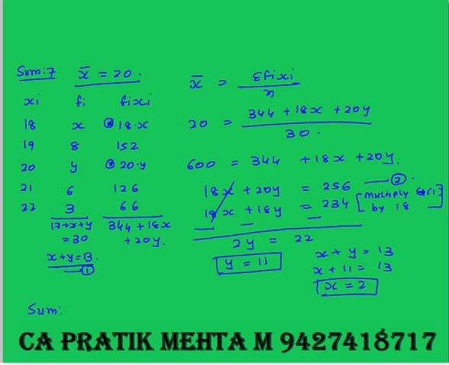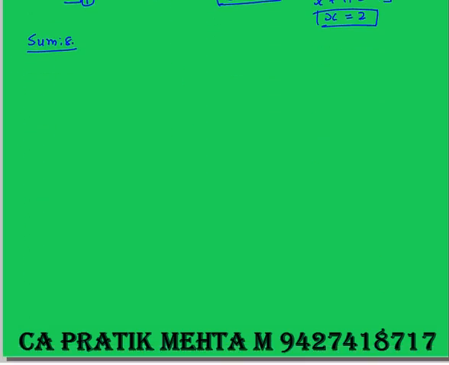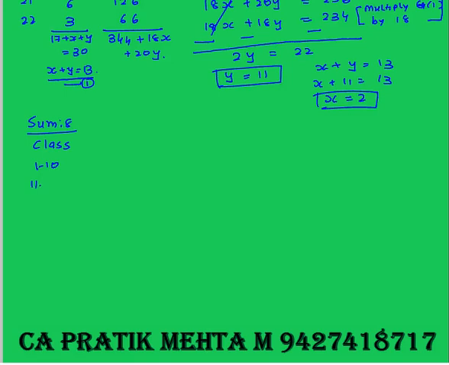Let's write down the class intervals: 1 to 10, 11 to 20, 21 to 30, 31 to 40, 41 to 50, 51 to 60, 61 to 70, 71 to 80.